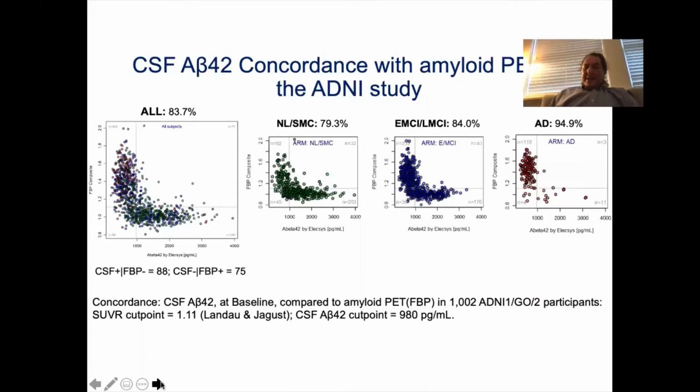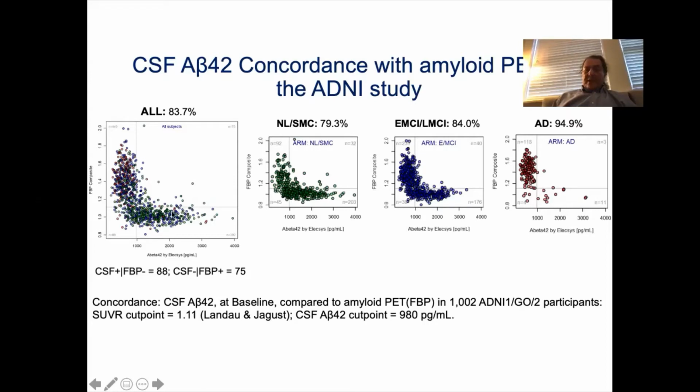This slide basically makes the point that there's high concordance between the amyloid in the CSF, this is the amyloid 42 measured by Elecsys, and the florbetapir concentration. So people who are amyloid positive, for example, up here by PET, are also going to be amyloid positive by CSF because CSF goes down.